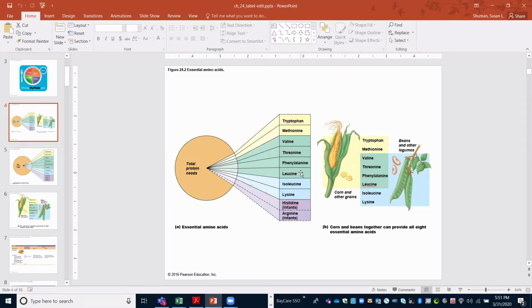A magical fruit. The more you eat. Nuts are great too, right? Get a handful of nuts. Nuts are a great source of protein. So are grains and vegetables. But most plant products are incomplete proteins, and what that means is that they don't have enough of all of the essential amino acids.